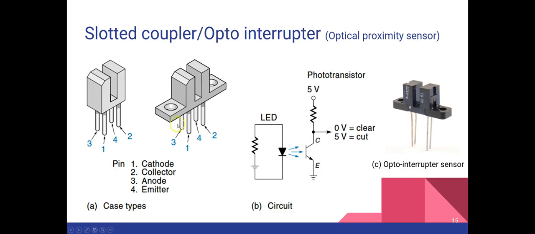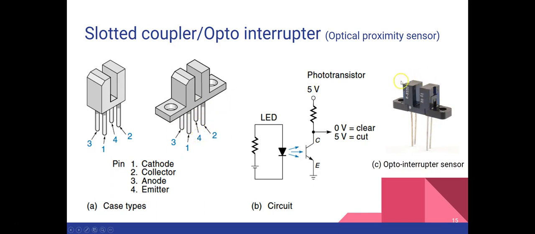Here you see the sensor, which has 4 leads, and each lead has a purpose. The first lead is the cathode lead, the second lead is the collector lead, the third lead is the anode lead, and the fourth lead is for the emitter.